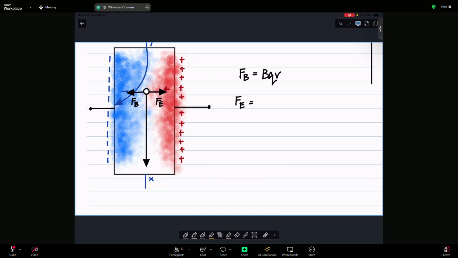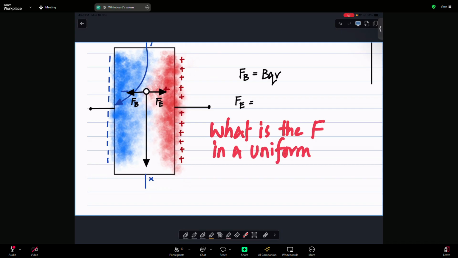EQ. I'll write this down. So what is the F in a uniform electric field?